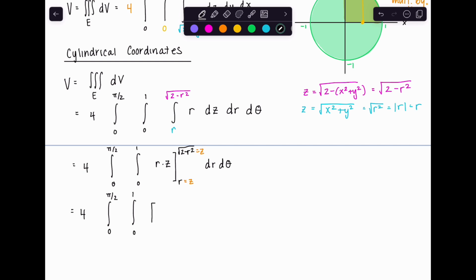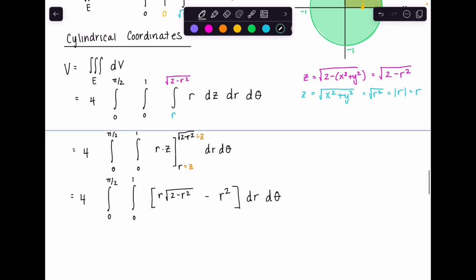So we end up on the inside with r times the square root of 2 minus r squared, and then minus r times r. Okay. So super nice. I'm just going to ultimately rewrite that as r squared to save myself the hassle. Now this is really nice.